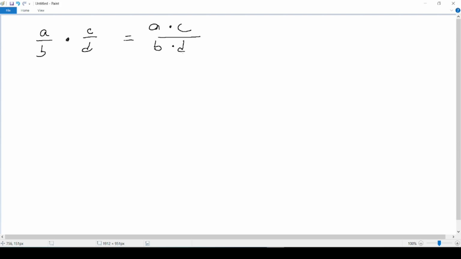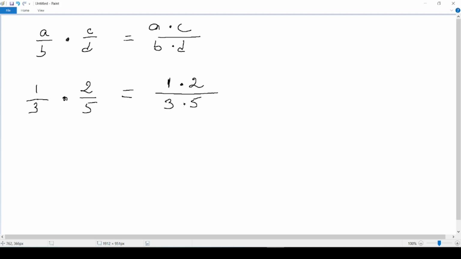So if we want to multiply two fractions, 1/3 and 2 over 5, what we will do is multiply the numerators, which are 1 and 2. So we multiply them, right? And we put them over multiplying the denominators, and the denominators are 3 and 5.